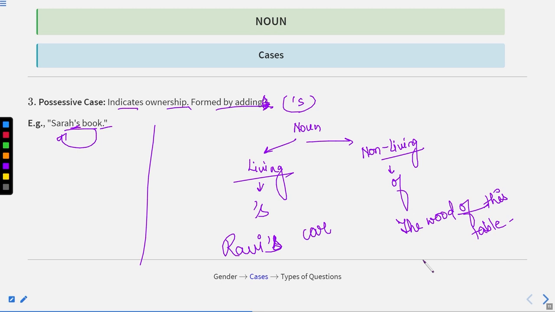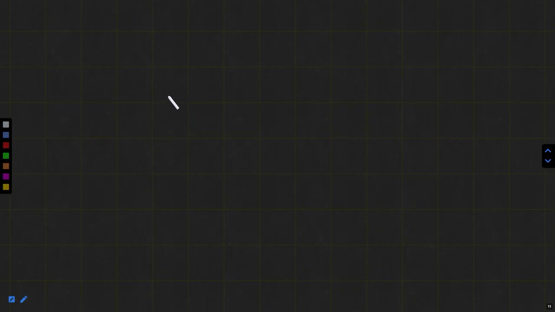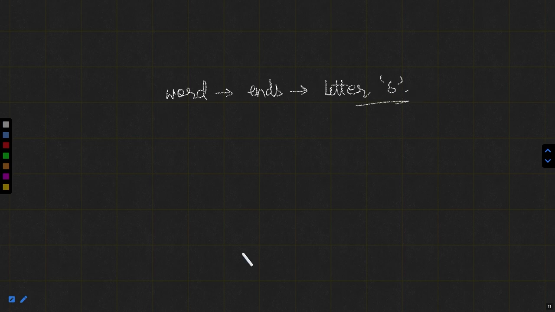Now one more thing is important over here. If the noun ends with the letter s, it does not matter whether the noun we are referring to is singular or plural, but if it is ending with the letter s, we will use the apostrophe but not s to show its possession. We will only use the apostrophe.